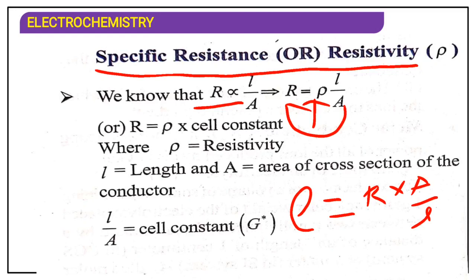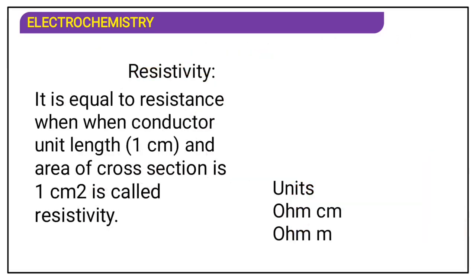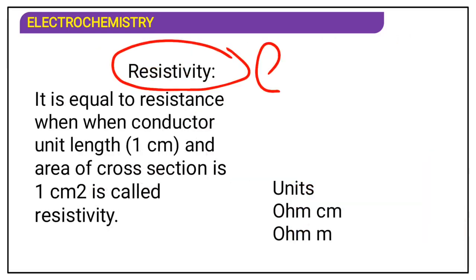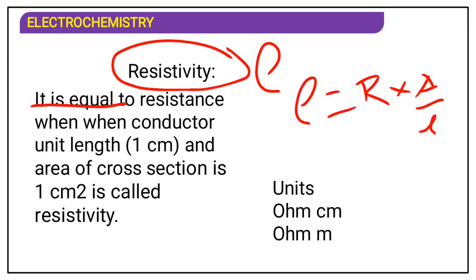Very important is when the A value is 1 meter square and L value is 1 meter, or A is 1 centimeter square and L is 1 centimeter. See the definition of resistivity: rho is equal to R into A by L, the formula we saw in the last slide.